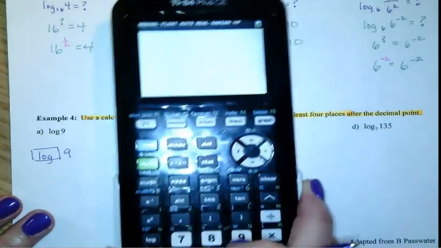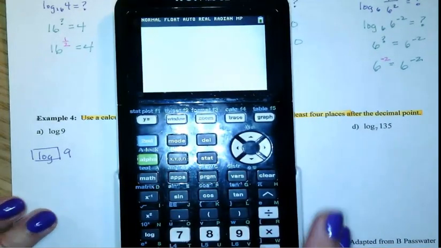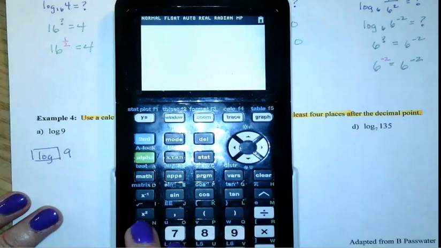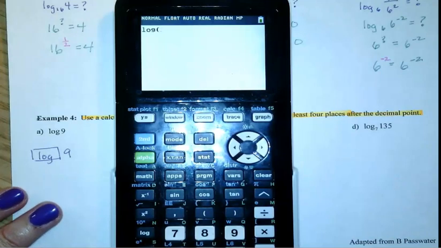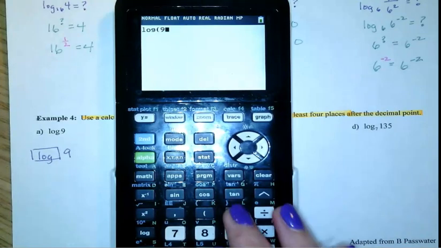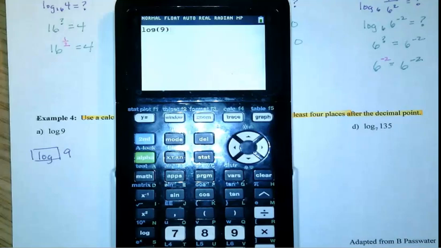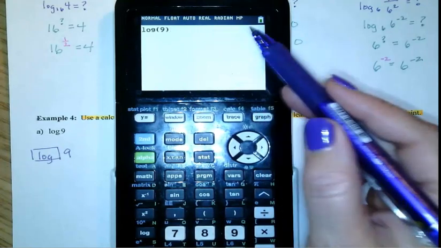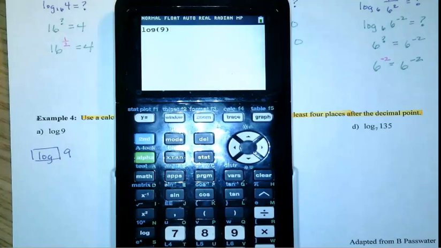So that's how we go through the calculator here. So we're going to press log, and you can see it opens a parenthesis. So then I'm going to type in the 9. If I were doing a series of calculations, I would want to be sure and remember to close that parenthesis. But if you don't have anything behind it, then it will be okay because there's no other numbers. If you don't close that parenthesis, anything behind it will also take the log of that value.